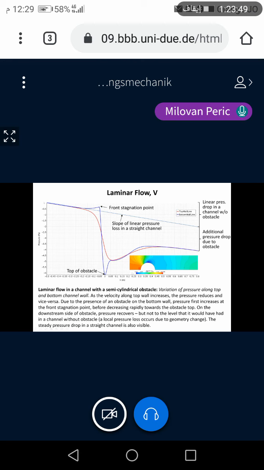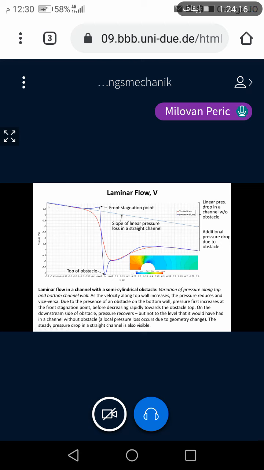We see first in the straight part of the channel upstream of the obstacle a linear pressure distribution, the same pressure at the top and bottom wall, so the blue line and red line are the same. And now there are differences. As we approach the front stagnation point on the obstacle, the pressure first increases, that's what the blue line shows, increases a little bit rather than decreasing.